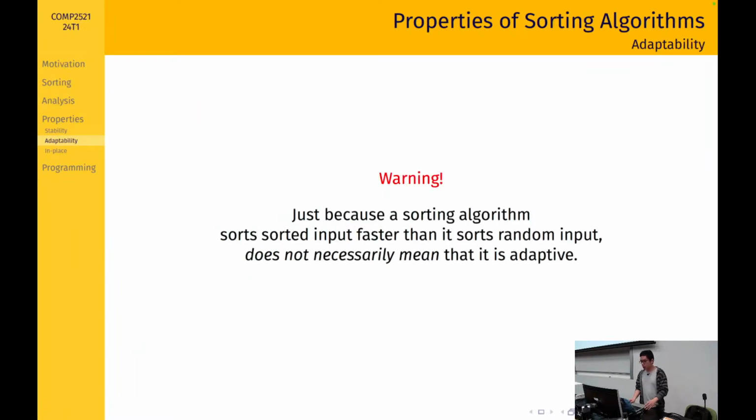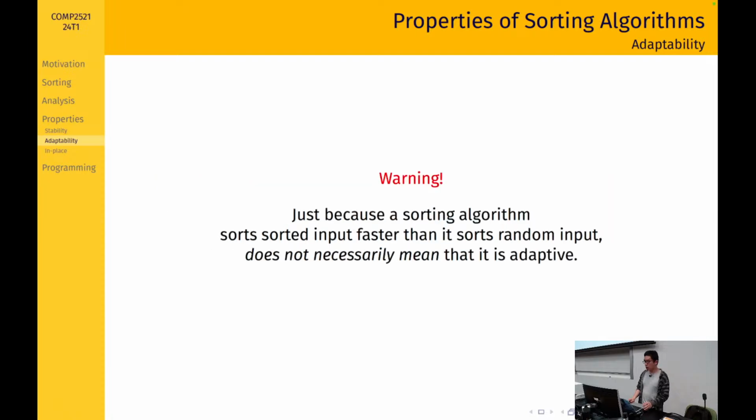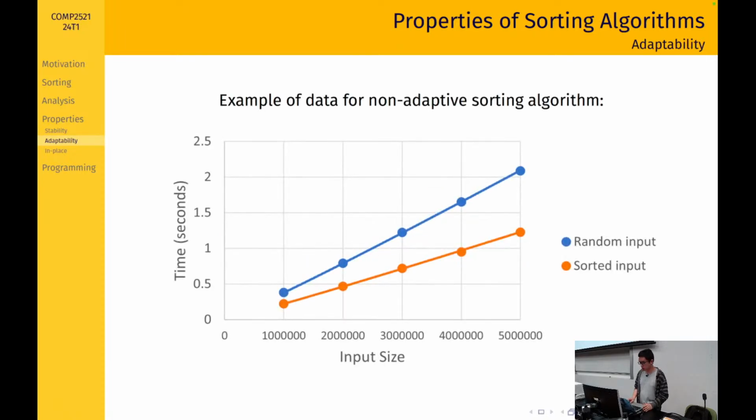And here's where you need to be careful, because we said that an adaptive sorting algorithm will sort a sorted input or nearly sorted input much faster than a random input. But just because a sorting algorithm sorts sorted input faster than random input doesn't necessarily mean that it's adaptive. So I have an example here of a sorting algorithm which isn't adaptive.